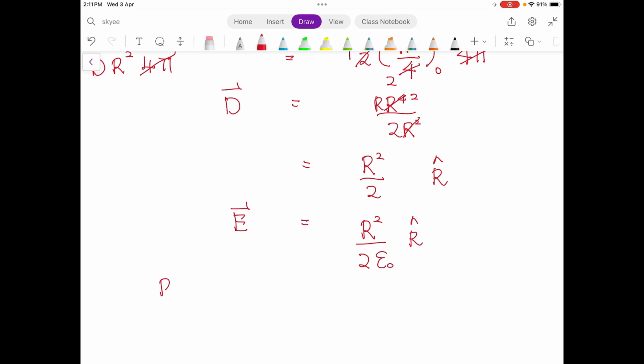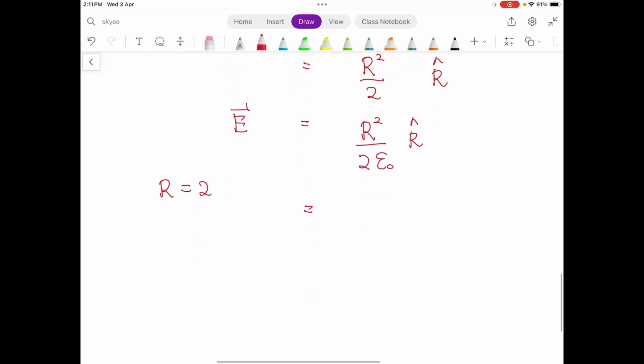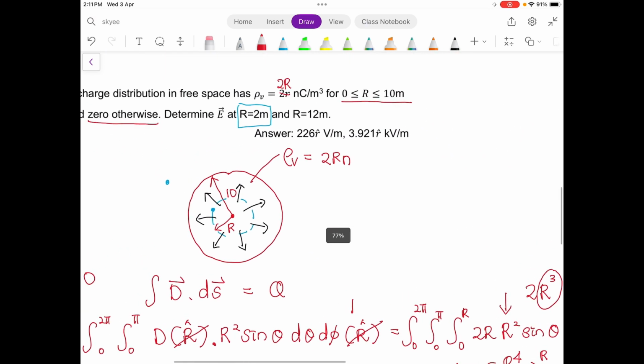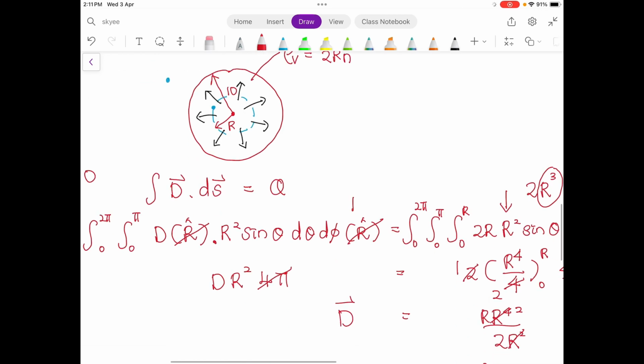So when your r is equal to 2 meters, you can replace here 4 over 2 epsilon naught. I forgot the nanocoulombs, sorry.